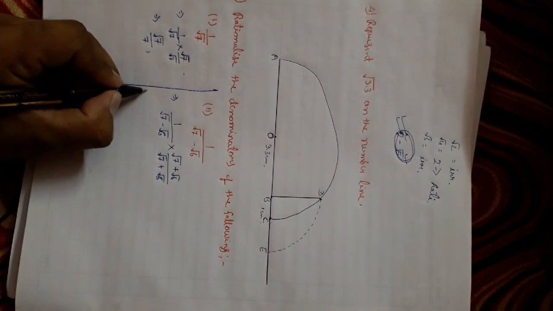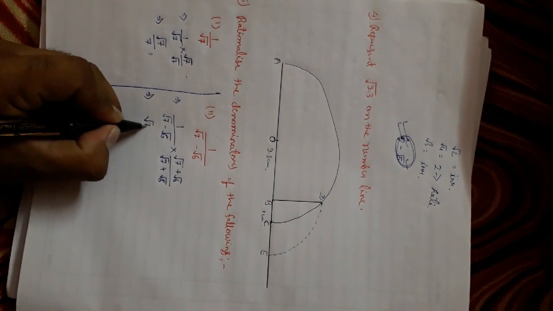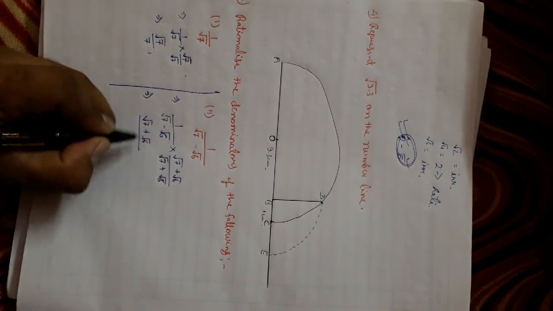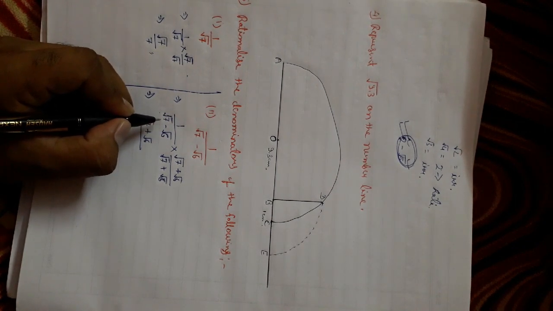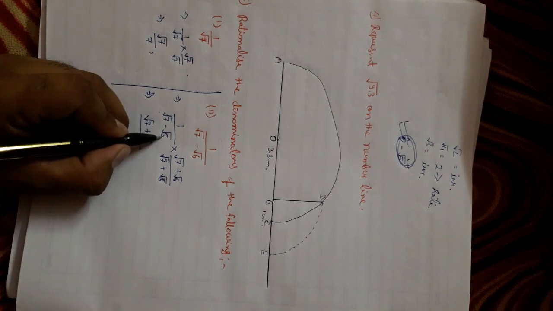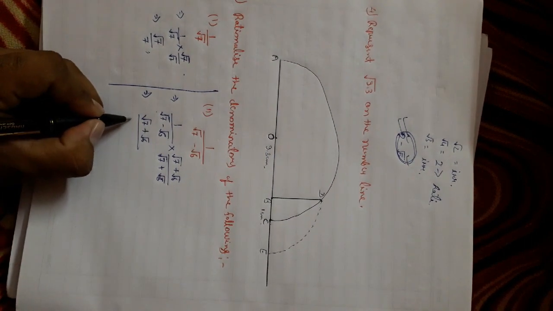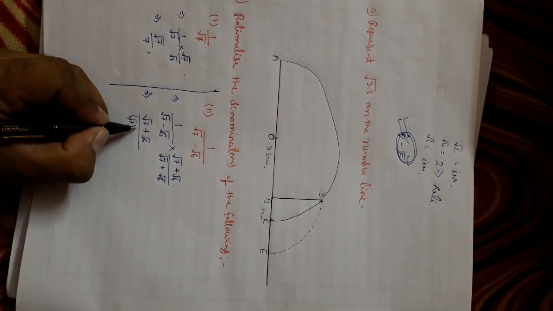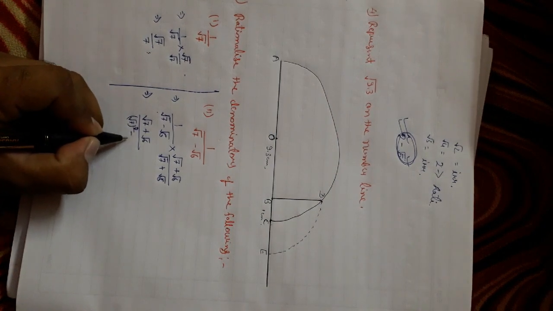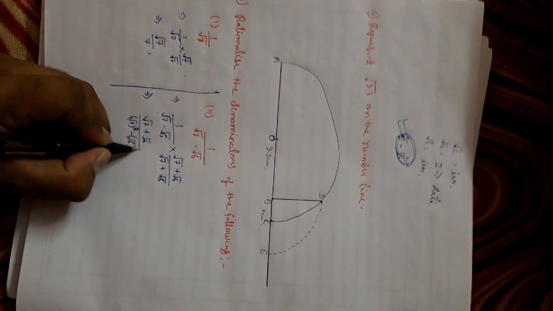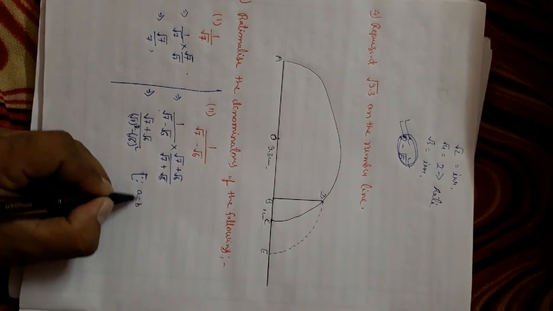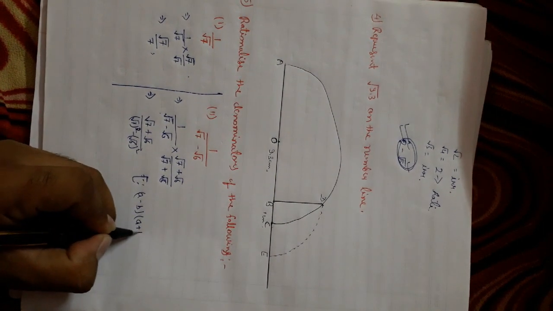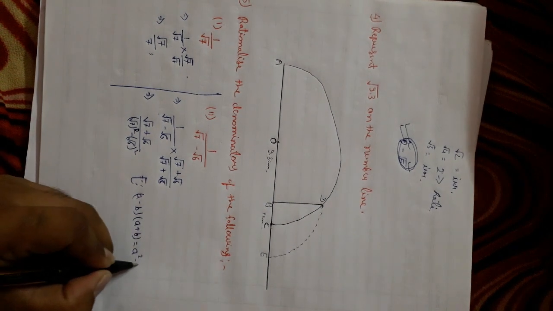Root 7 plus root 6 into 1, so it will be root 7 plus root 6 upon. See, it is like the identity of a plus b, a minus b, a minus b, a plus b. It becomes a square minus b square. So a will be root 7 square and b will be what? Root 6 square. I'm writing here the identity a minus b into a plus b equals a square minus b square.